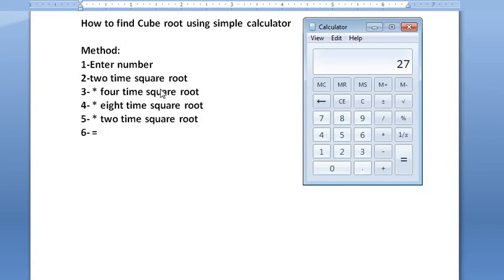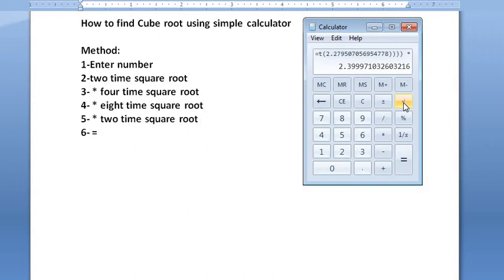Okay, now the second step is 2 times square root. So I am going to press square root 2 times, 1 and 2. Then the third step is 4 times square root, 1, 2, 3, 4. Then the fourth step is 8 times square root.